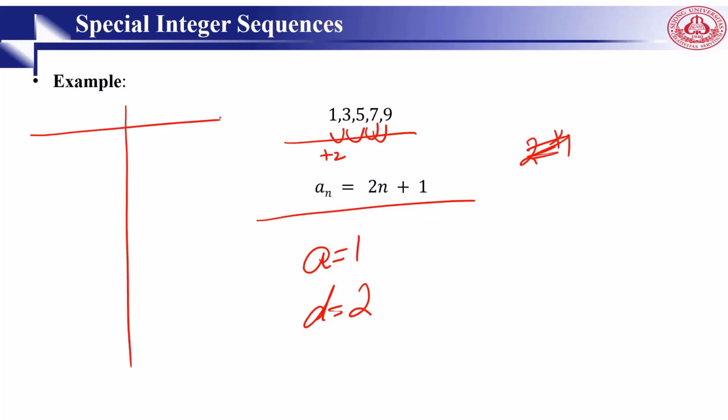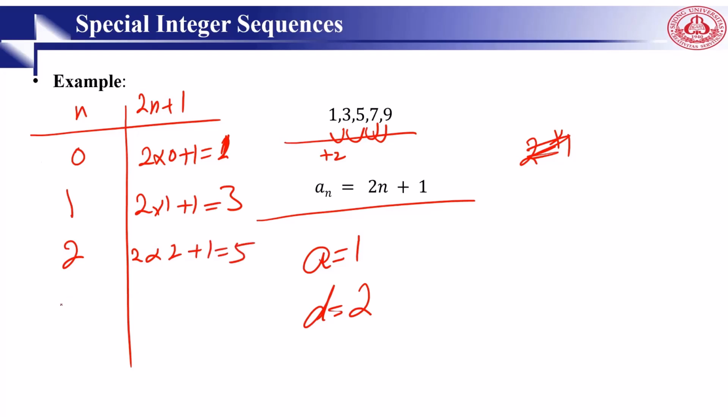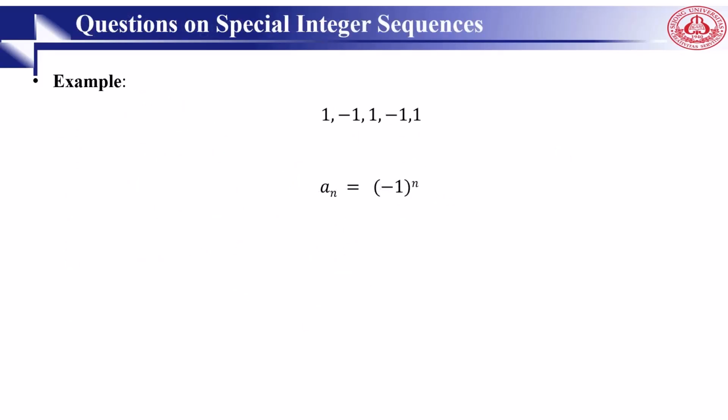So for n equals 0, it is 2 multiply 0 plus 1 equals 1. For 1, 2 multiply 1 plus 1 is equal to 3. For 2, 2 multiply 2 plus 1 equals 5. For 3, 2 multiply 3 plus 1 is 7. So the closed form is 2n plus 1.